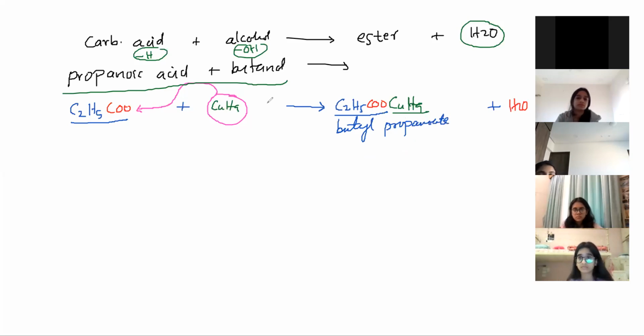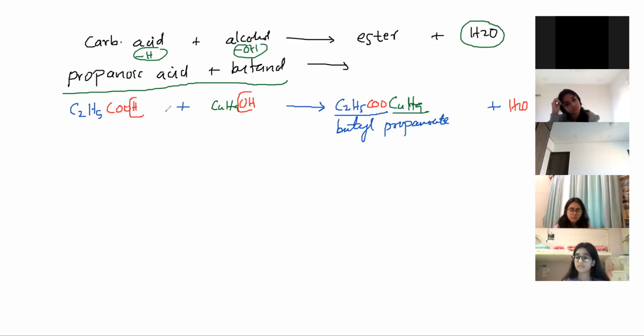Okay, now this is your ester. So again, for water, H from acid and OH from alcohol, the remaining parts of the acid and the alcohol will join to form ester.